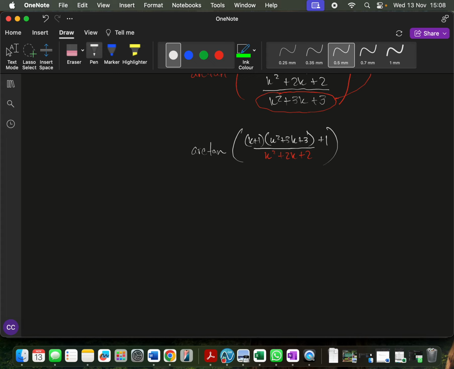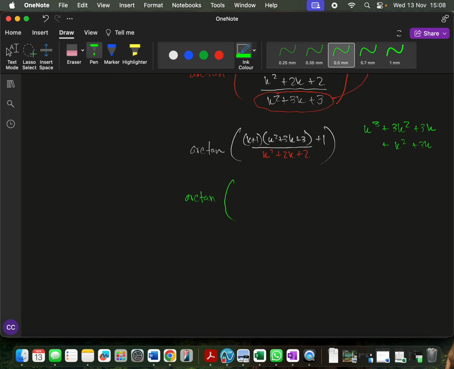All right. Let us expand that bracket and see what we have. So I'd have the arctan of, that's going to be k cubed plus 3k squared plus 3k, and then plus k squared plus 3k plus 3.